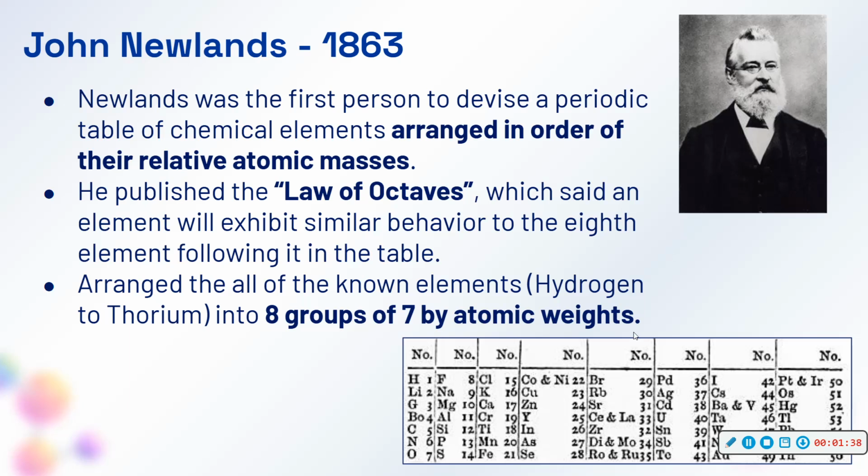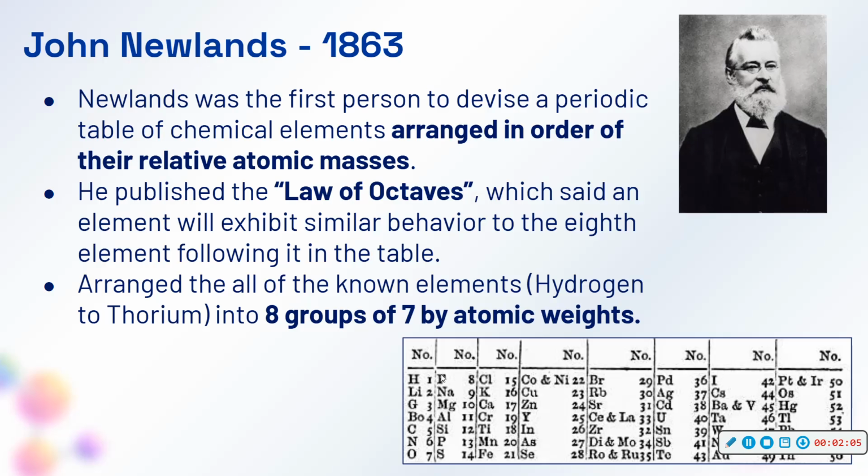So in this picture here, we can see that there are 8 groups. They are all going down. So we have 1, 2, 3, 4, 5, 6, 7, and 8. And there's 7 elements in each group. So that's how we come up with the law of octaves, because he's saying that every 8th element is going to be exhibiting similar behavior.